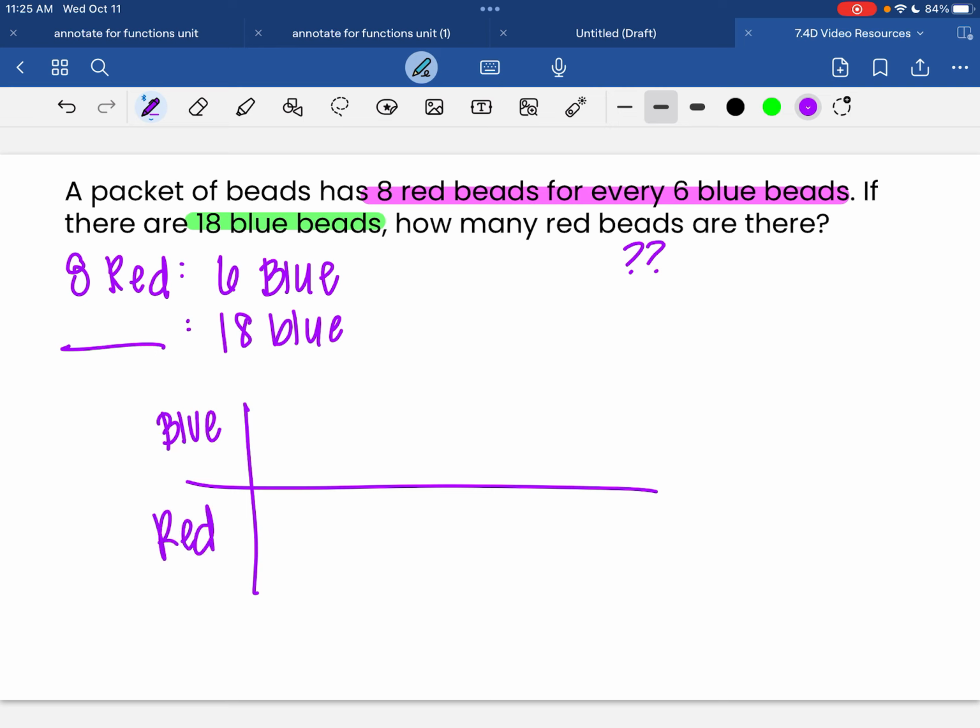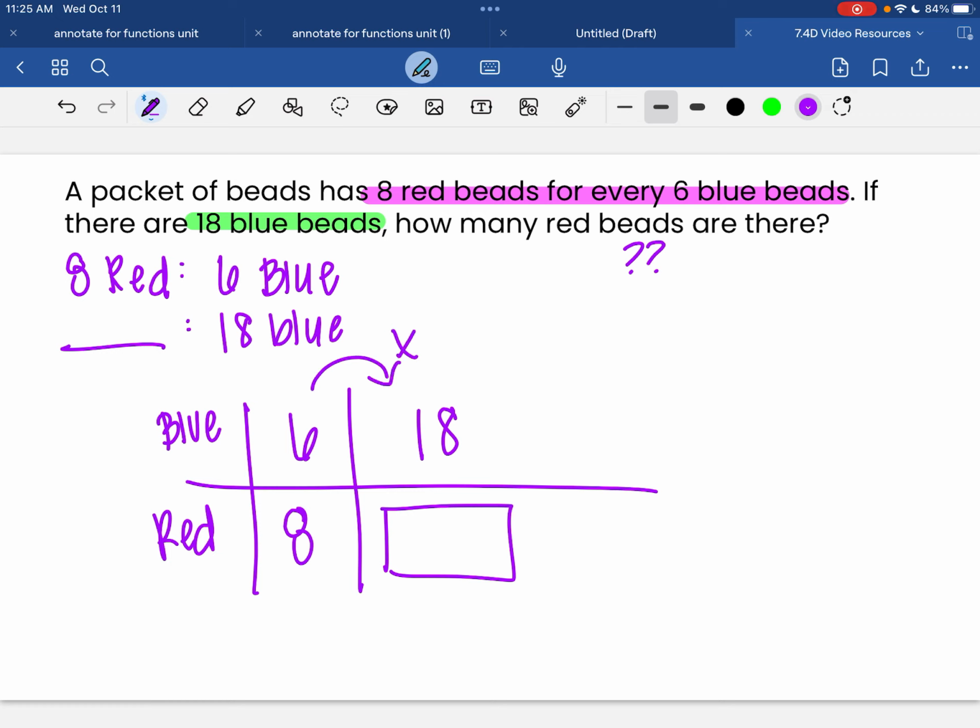So I put the ratio that I know. And I know that for every 8 red, there are 6 blue. And then I'm going to put the information I'm trying to get. And I'm trying to find how many red there are when there are 18 blue beads. So I see that I can scale up from 6 to 18 by 3. So then I'll scale up by 8 times 3 to find that there are 24 red beads.